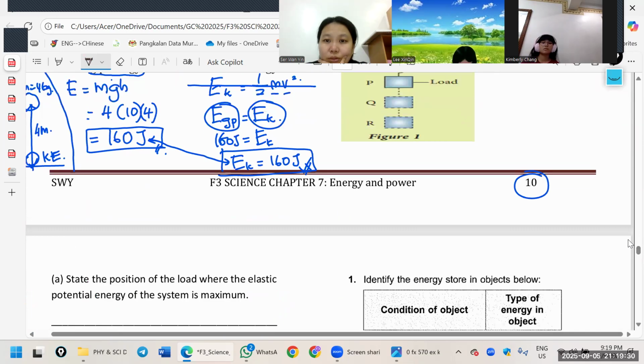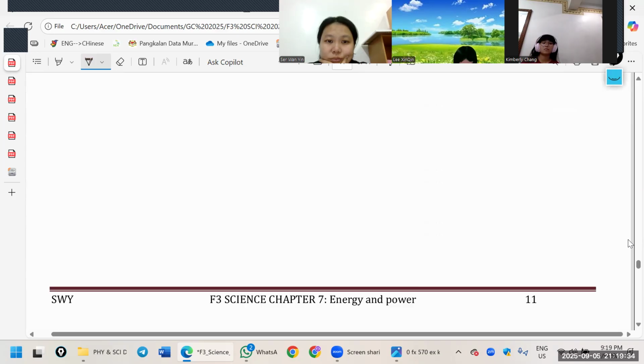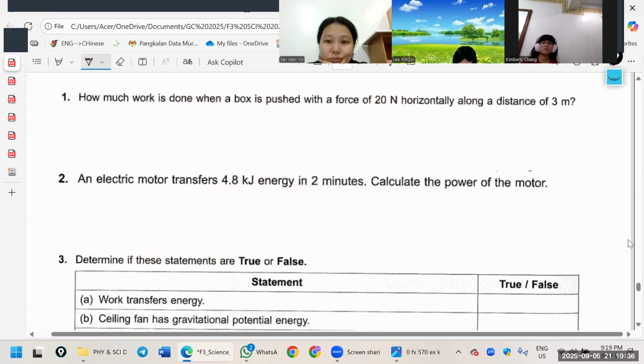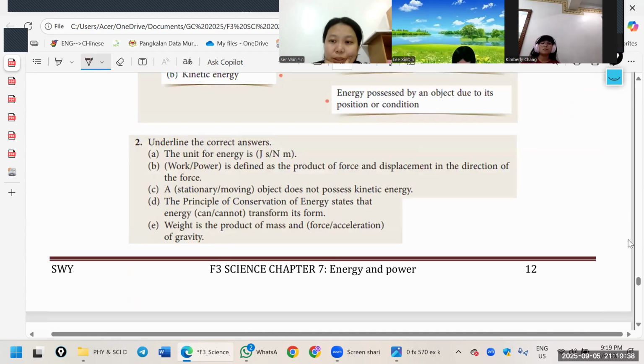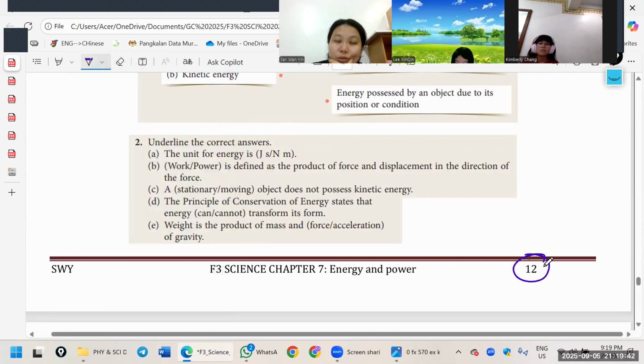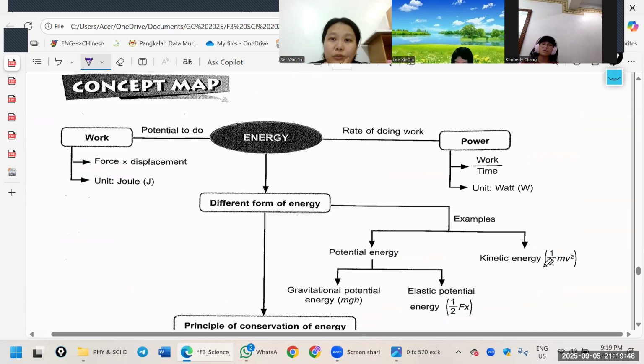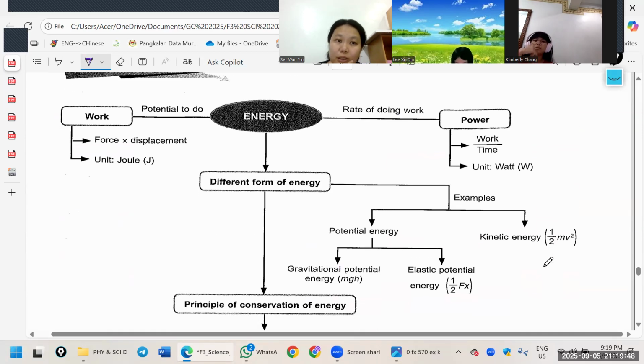Alright, so now this one you all do. Let's look at page 12 first. Okay, page 12, we have energy. Anyone can tell me what is work done?